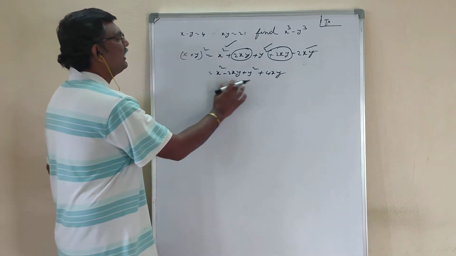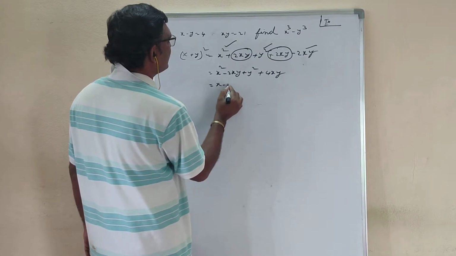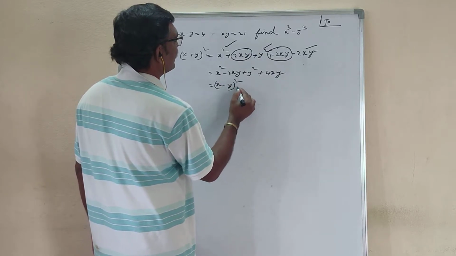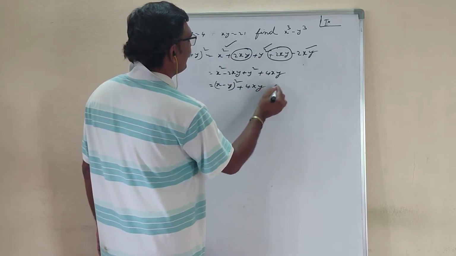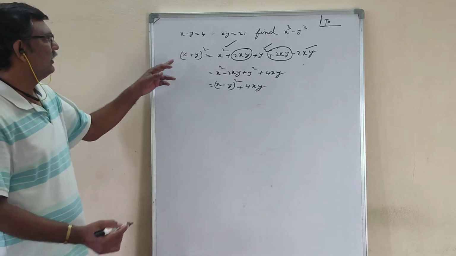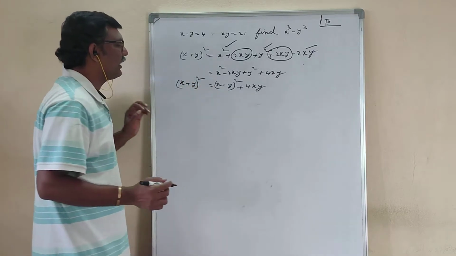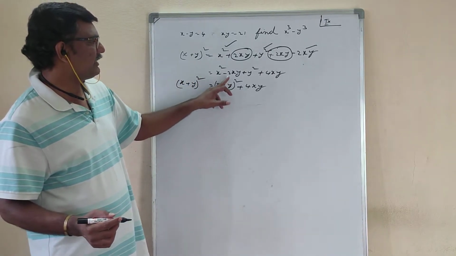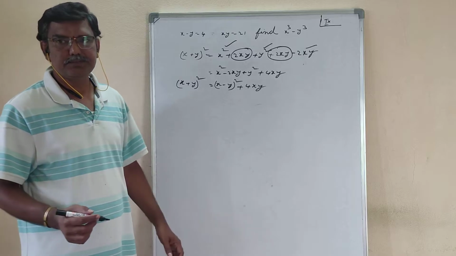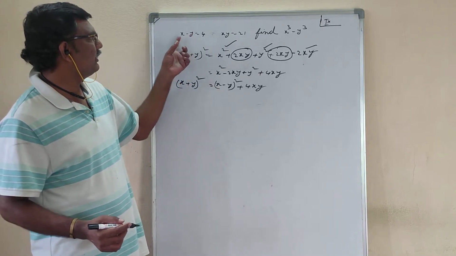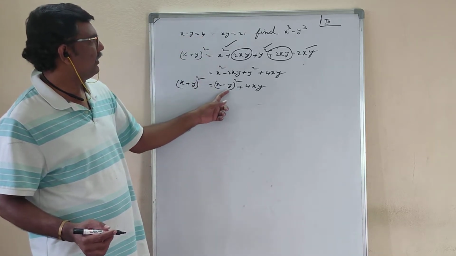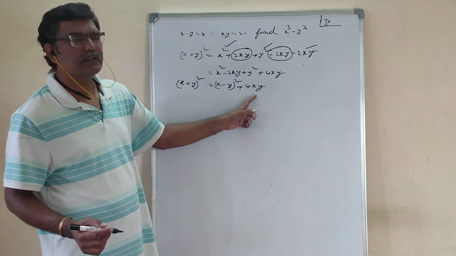So this entire thing you can write as x minus y whole square plus 4xy. So x plus y whole square can be written as x minus y whole square plus 4xy. We have the value of x minus y, and we have the value of xy.